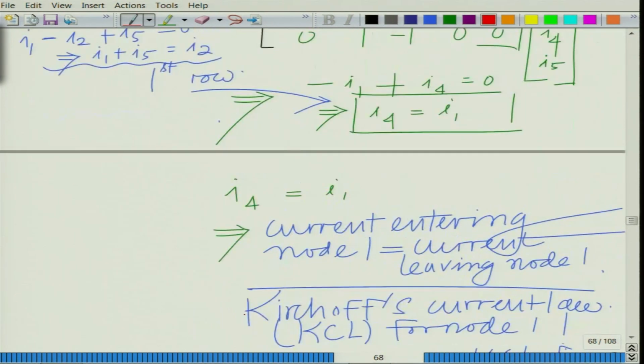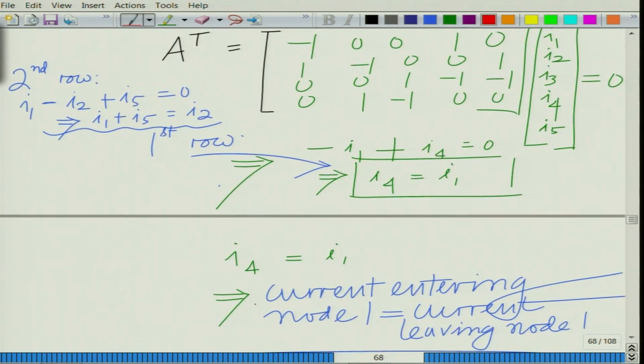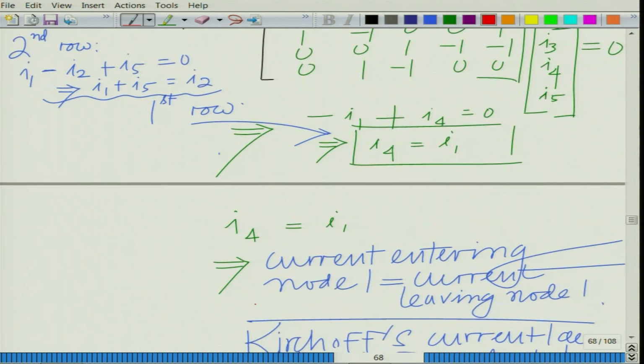Similarly, if you expand the third row, you will get I3 equal to I4 plus I5.